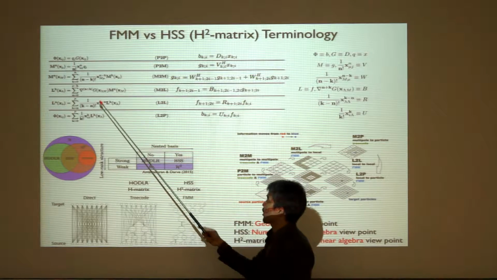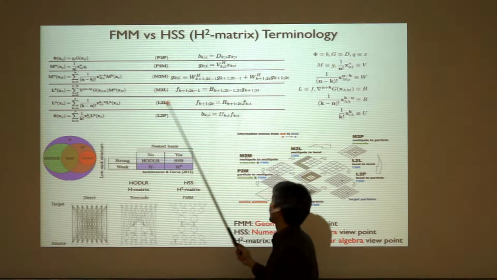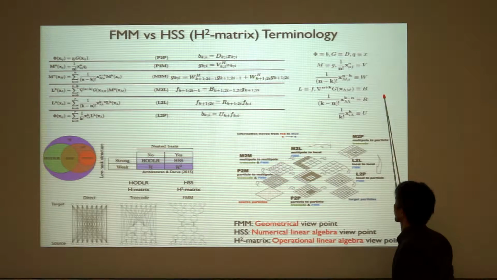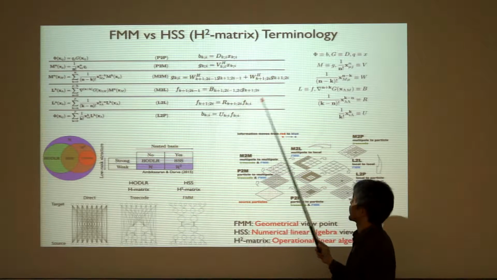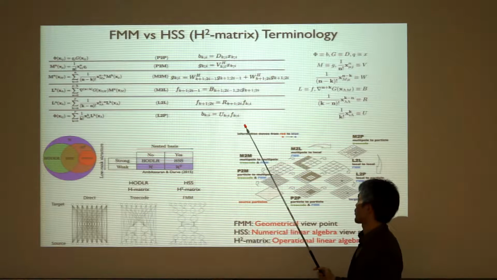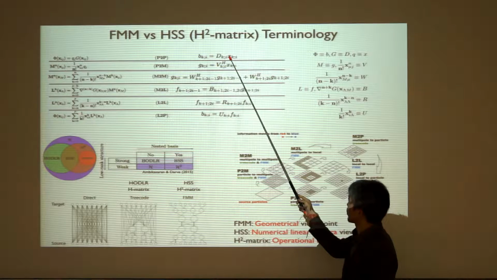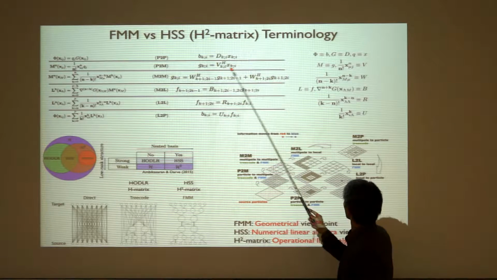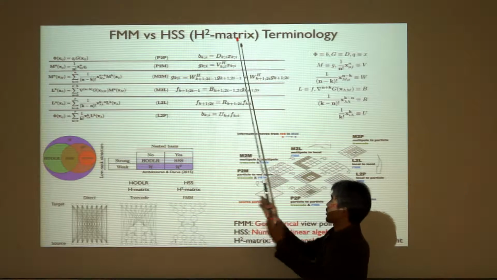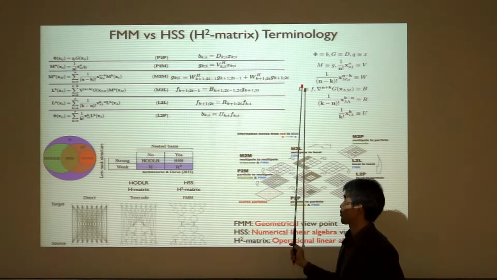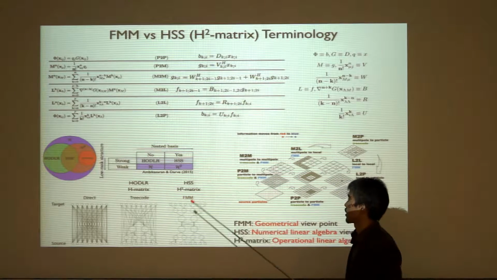So following the equations that I showed earlier, I'm trying to map the correspondence between these different namings of the same thing. But I won't explain one by one. If you're reading the two papers, you can look at this slide, and then do the comparison.